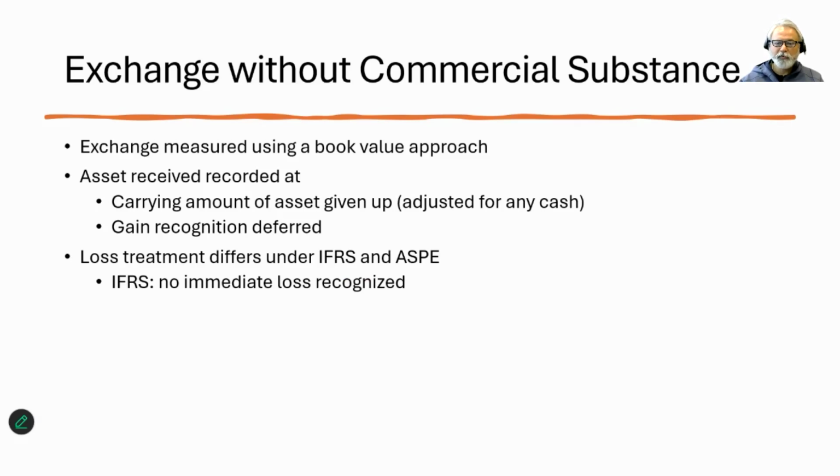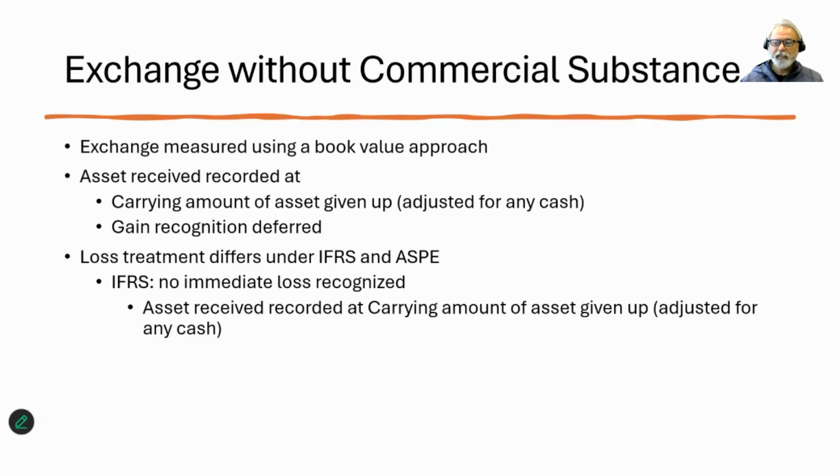Under IFRS, you don't recognize any immediate amount of the loss. Instead, the asset received is recorded at the carrying amount of the asset given up, adjusted for any cash. So why would there be a loss?